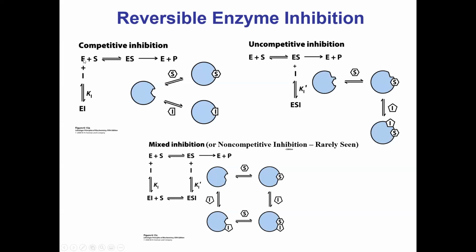How does it bind? The equilibria is shown here. E plus I binds to EI, non-covalent binding, just like ES. It's forming the EI complex. The thermodynamic equilibrium inhibition constant is represented by big Ki value.